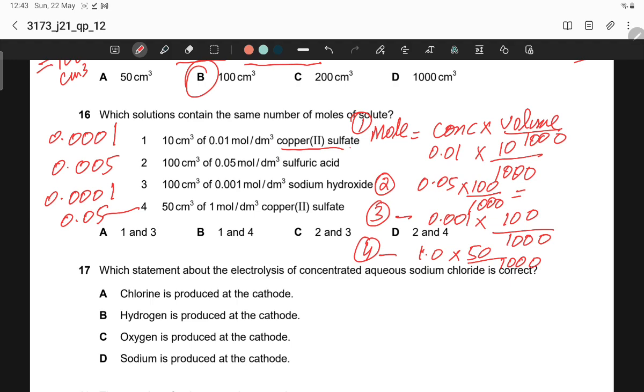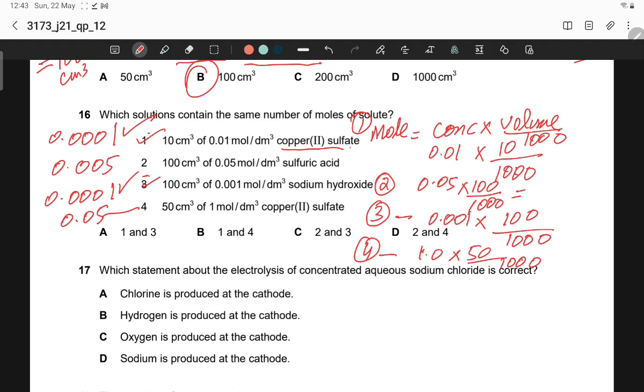So which solutions contain the same number of moles of solute? 0.0001 and 0.0001 are the same, so 1 and 3 are the same.